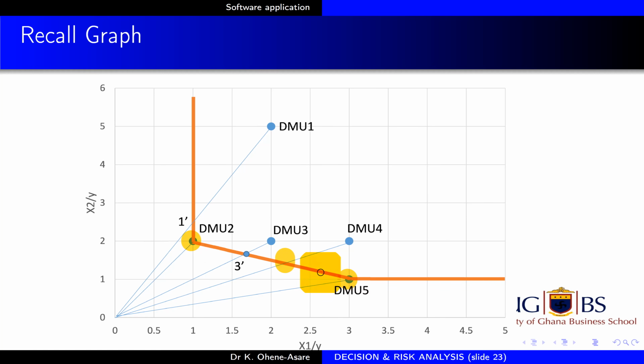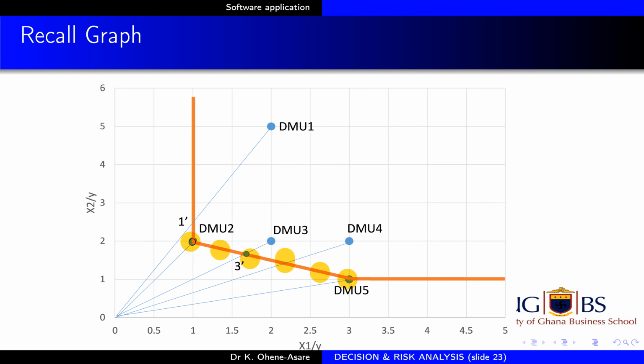It can hit here, it can hit there, and it can also hit where there's a real DMU. It can hit here where there's a real DMU. So a target is where inefficient firms will be projected onto on the frontier. But the peers are those real DMUs on the frontier.